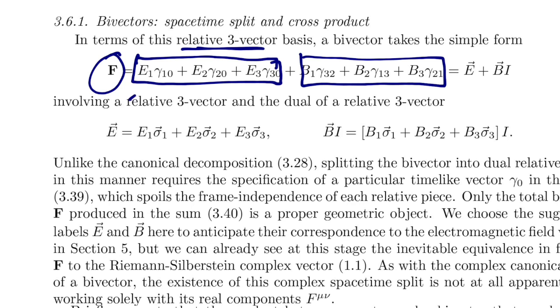So the electric field, you can see, is already anticipated to be a relative 3-vector, right? But the magnetic field is not a relative 3-vector, or the magnetic field part, if you believe this foreshadowing, it's the dual of a relative 3-vector. So that'll be interesting, but it's not going to stay that way for long, as you'll see in a second.